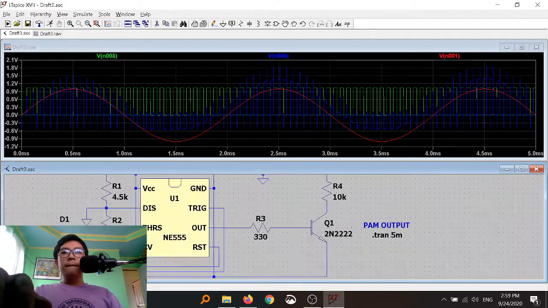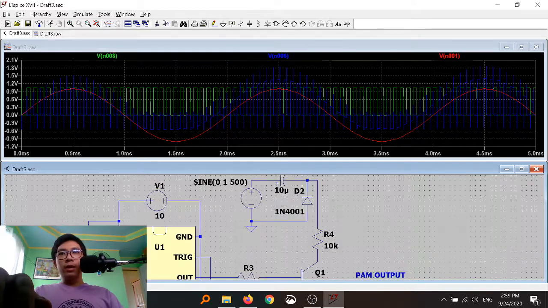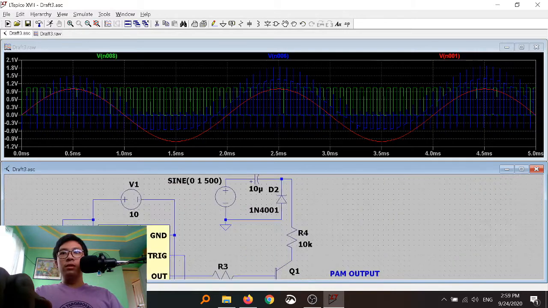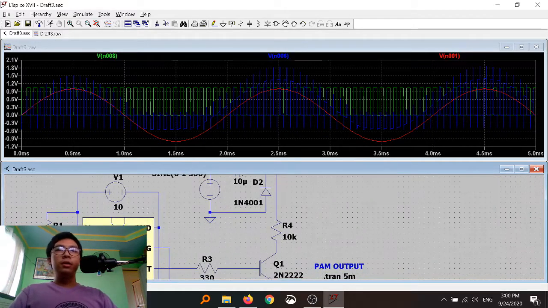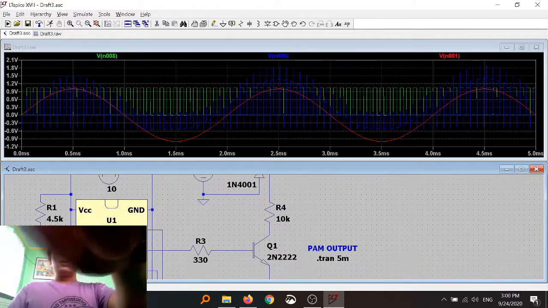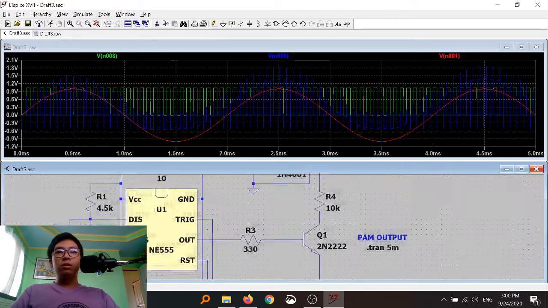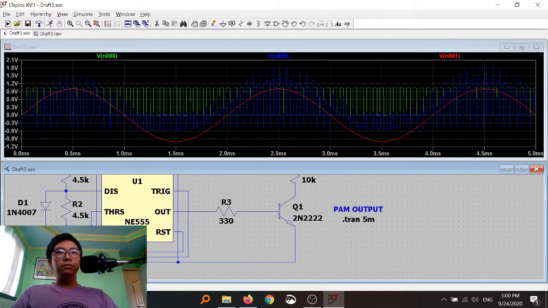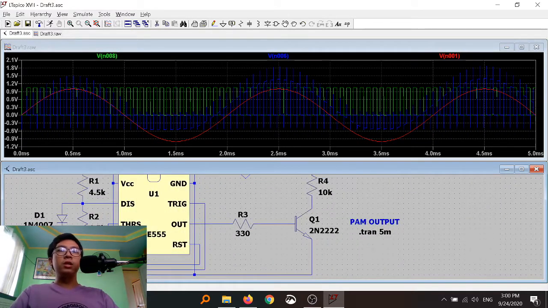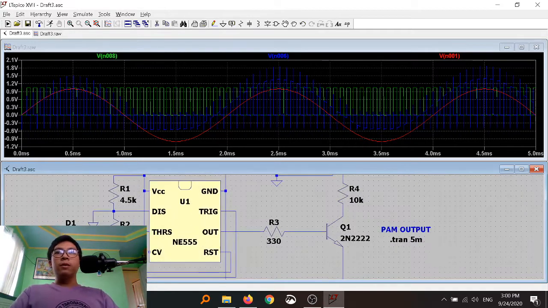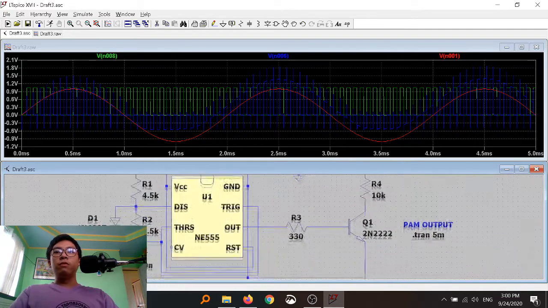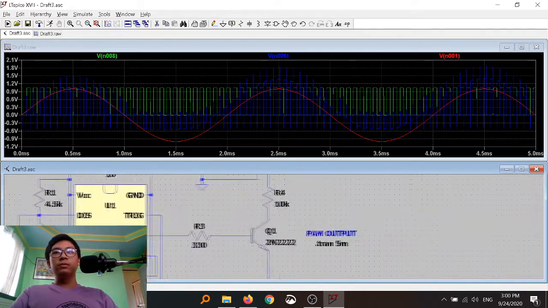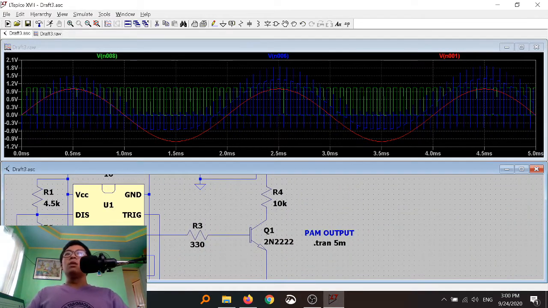So what can we observe from that? We can observe that the more we lower the amplitude of the sine wave input, the closer the pulse amplitude modulated signal will be to the outline of the analog signal. And the more we manipulate the value of VCC, we can see that the amplitude of the digital signal is manipulated.